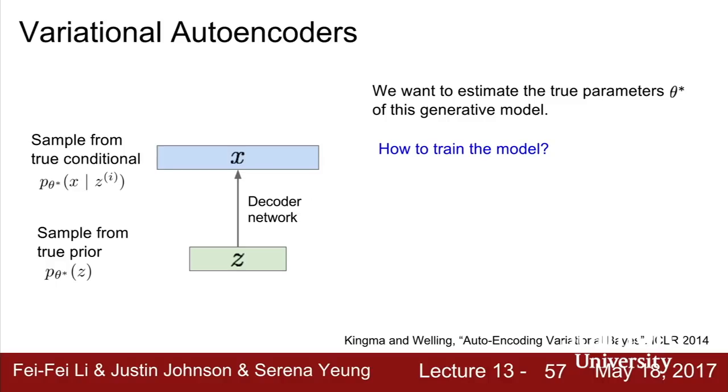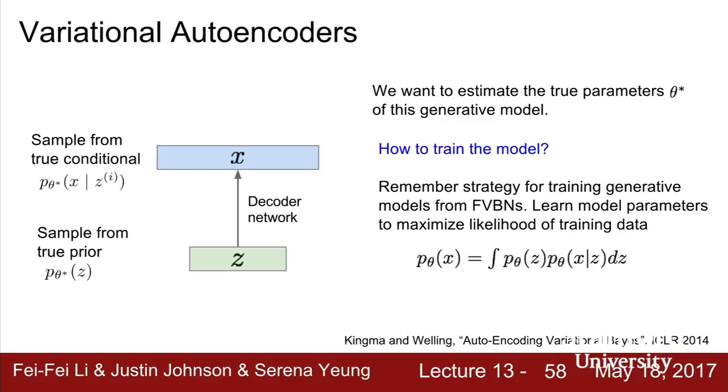So now how can we train this model? We want to train it so that we can learn an estimate of these parameters. If we remember our strategy for training generative models from our fully visible belief networks, our PixelRNNs and CNNs, a straightforward, natural strategy is to learn these model parameters in order to maximize the likelihood of the training data.